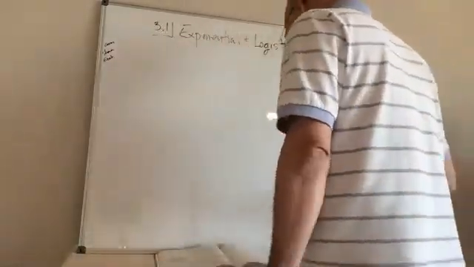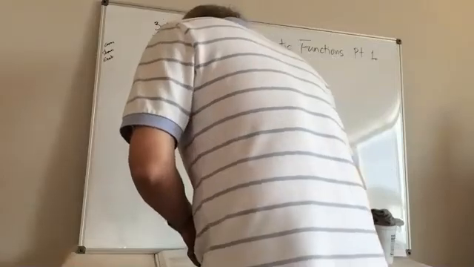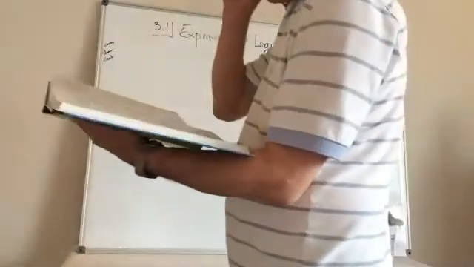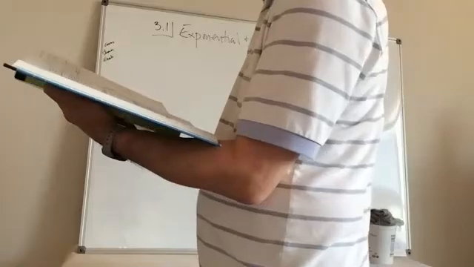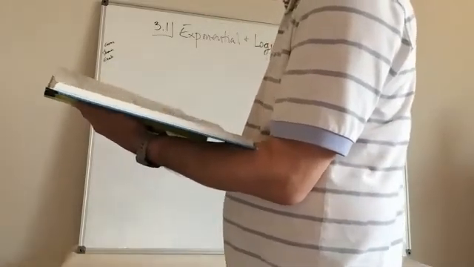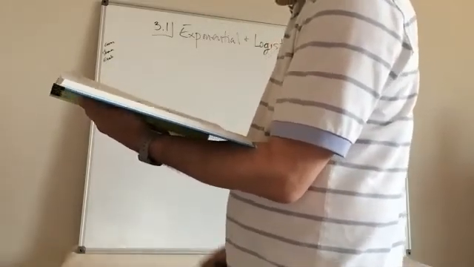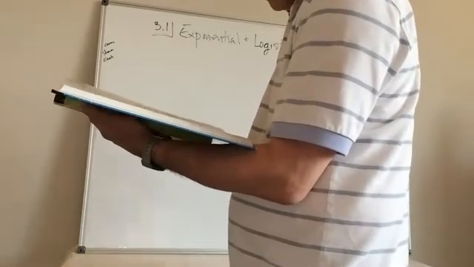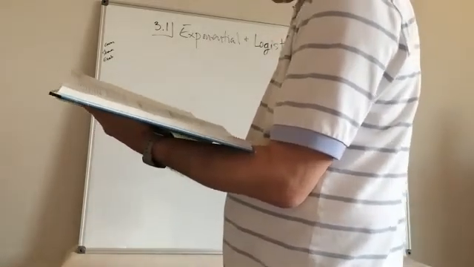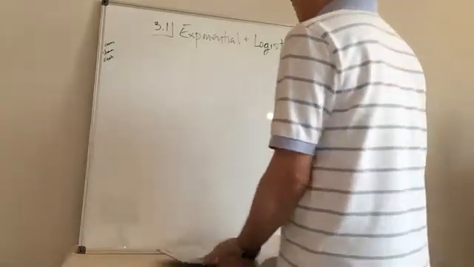Okay, all right. So if you look on page 252, there's a blue box there that shows you what the exponential function looks like. A times b to the x, where a is non-zero, b is positive, and not equal to 1, right? Because if it was equal to 1, it would not be fun, right?